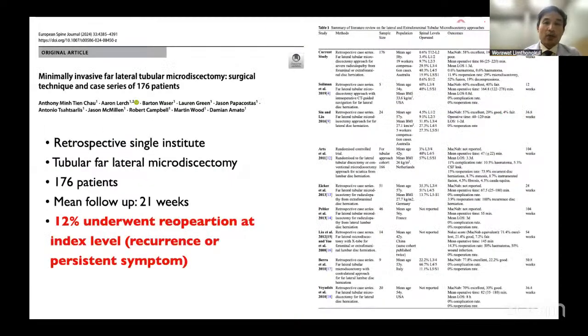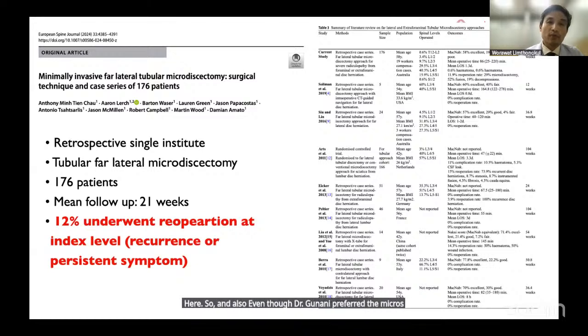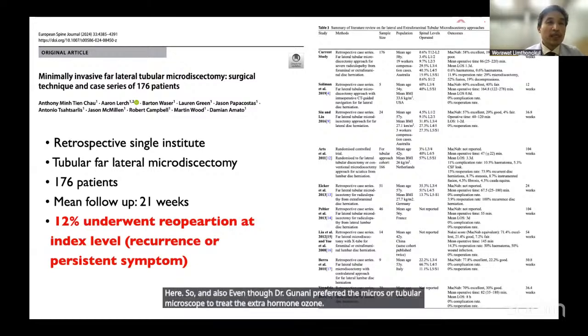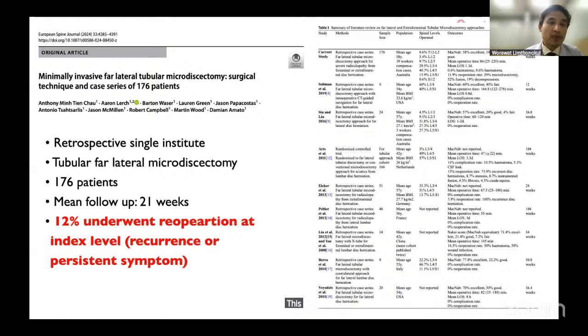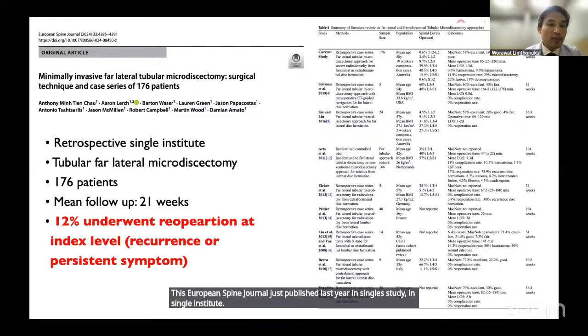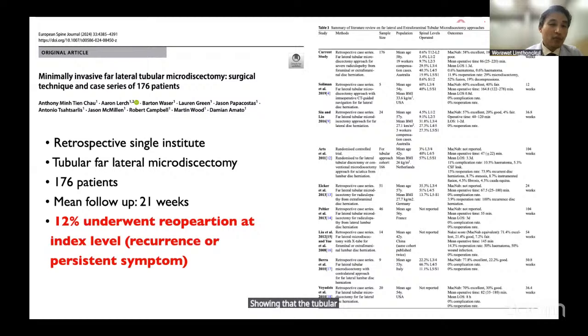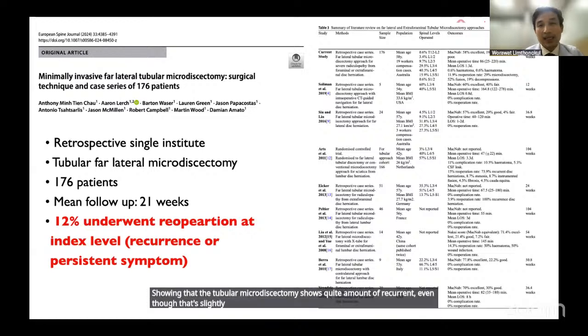So, and also, even though Dr. Kundnani prefers the microscope or tubular microscope to treat the extraforaminal zone, this European Spine Journal study, just published last year from a single institute, showed that tubular microdiscectomy has quite a lot of recurrence, slightly more than what Dr. Wu mentioned for extraforaminal disc herniation recurrence, like 5 to 10%.